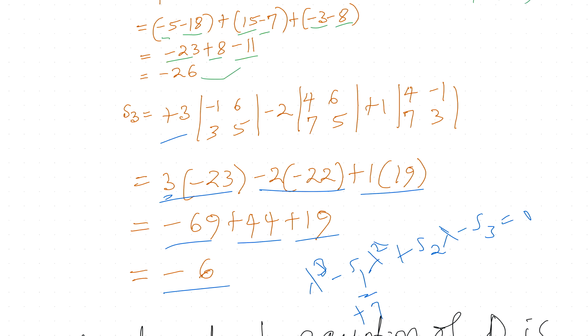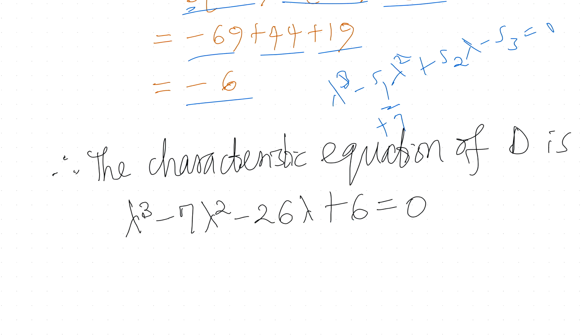S2 is minus 26, and S3 is minus 6. So we have minus times plus, that's why we have minus 7 here. Plus times minus, that's why we have minus 26 lambda. Then minus times minus, that's why we have plus 6. So for that 3 by 3 matrix, the characteristic equation of matrix D is lambda cubed minus 7 lambda squared minus 26 lambda plus 6 equals 0. And that's how you can do this.